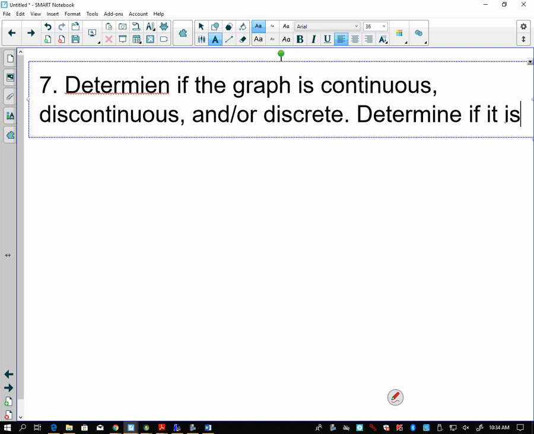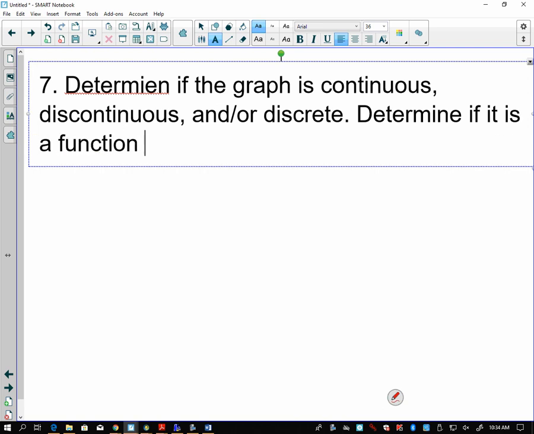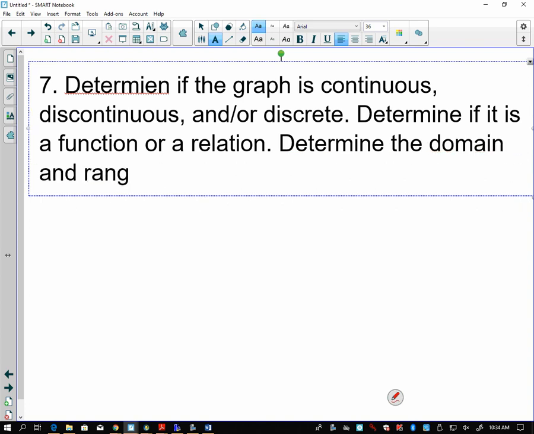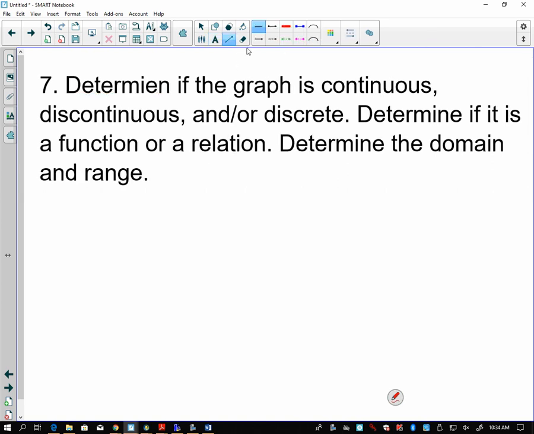Determine if it is a function or a relation. Determine the domain and range. Okay? So I'm going to go ahead and try to do part of this anyway.